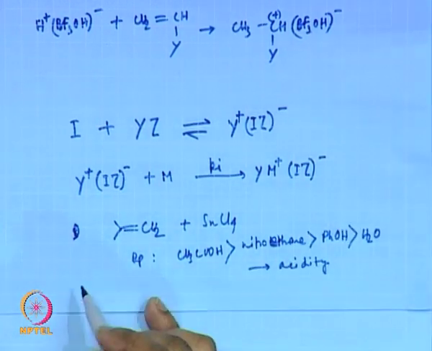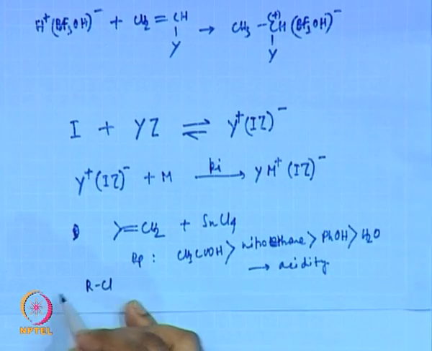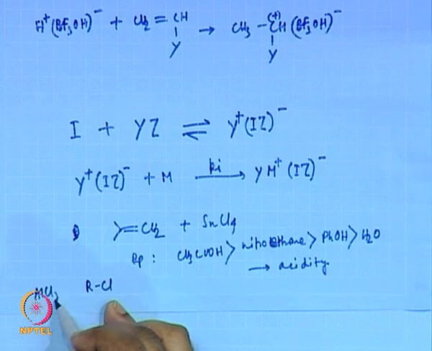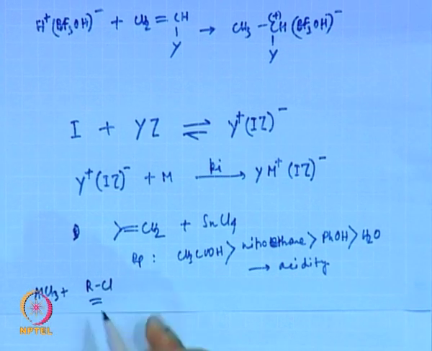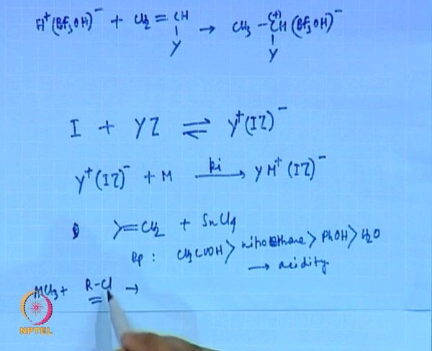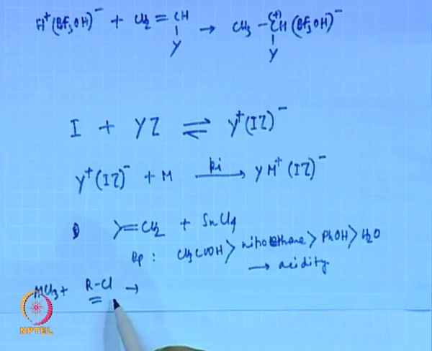And for the carbocation generator like RCl, like AlCl3 plus RCl, this reaction is a little complex. The total polymerization rate dependence on this RCl is very complex, and we will skip the discussion for this course.